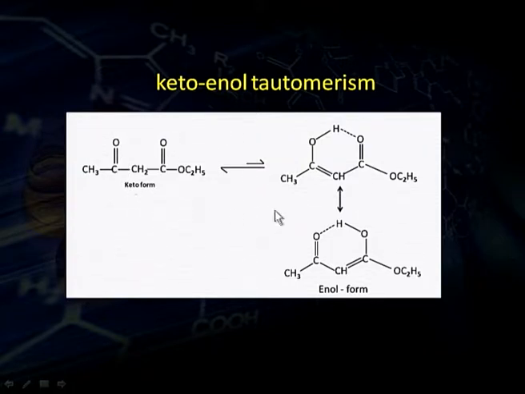So it will produce this enolic form, with a double bond here and the H at this position. Now in this structure we can see that this H is bonded to the other O and forms a hydrogen bond. In a similar way, this H can also be shifted to the other oxygen. So it produces this enolic form, and these two are enolic forms, and they are in equilibrium with the keto form.